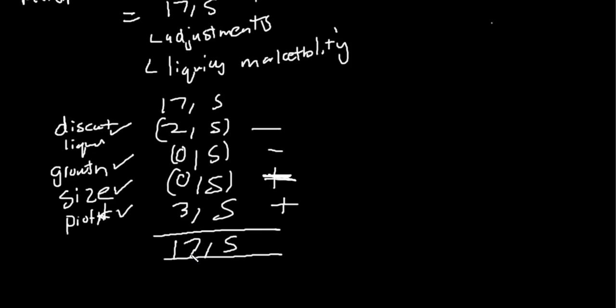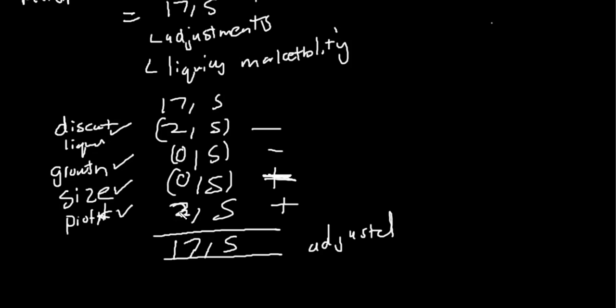But it's not to say this will always be 17.5. So in this case, our adjusted PE ratio ended up being 17.5, and I guess to illustrate the point, we probably want to make this 2.5.